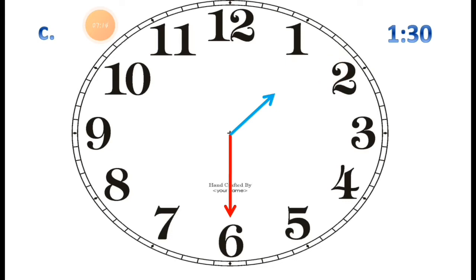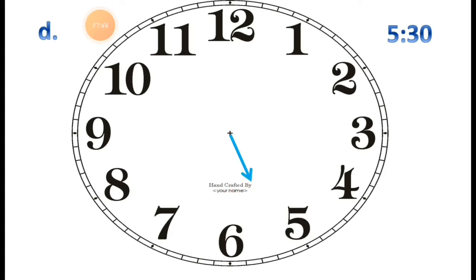Now the next clock, number D. Here is clock number D and we have to show the time 5:30. It means we have to draw the short hand, the hour hand, between 5 and 6.